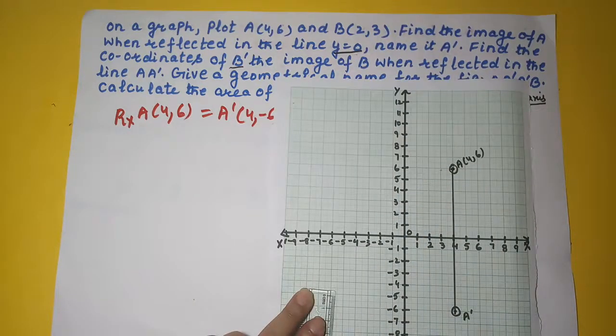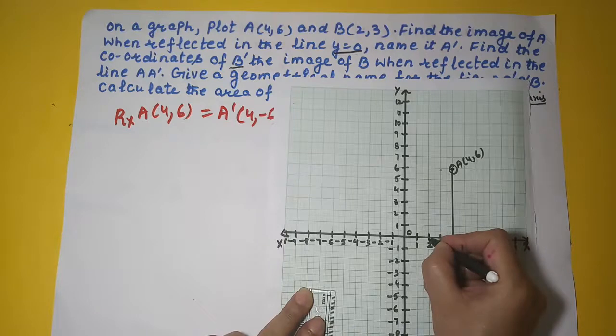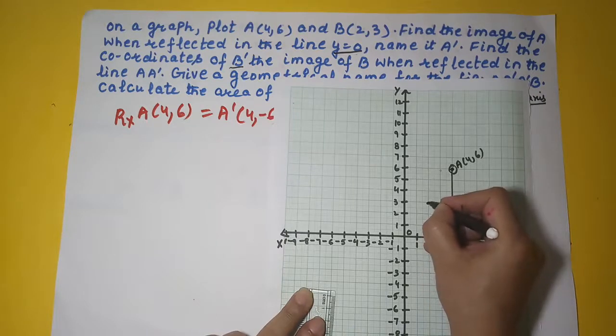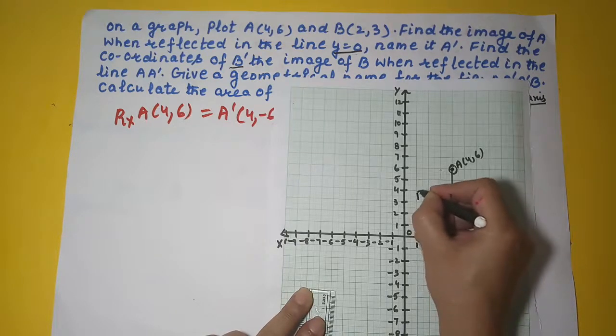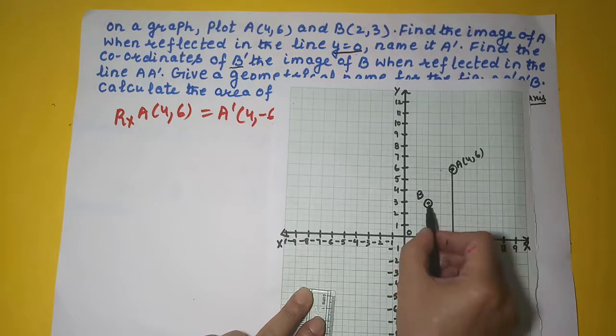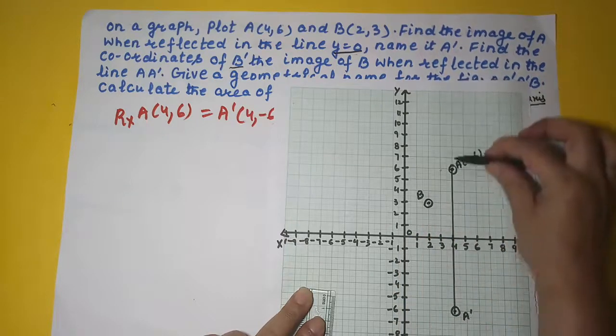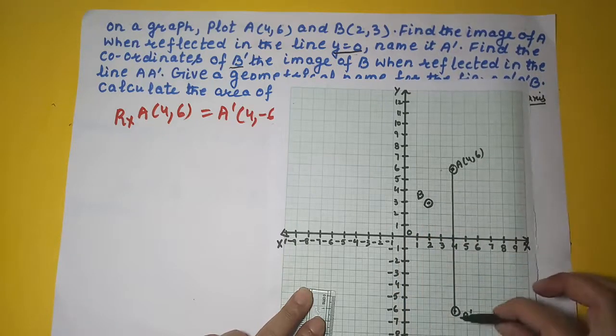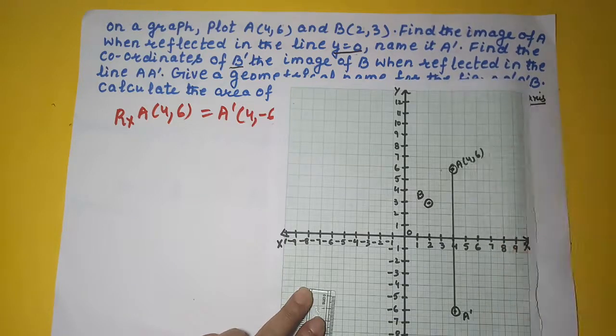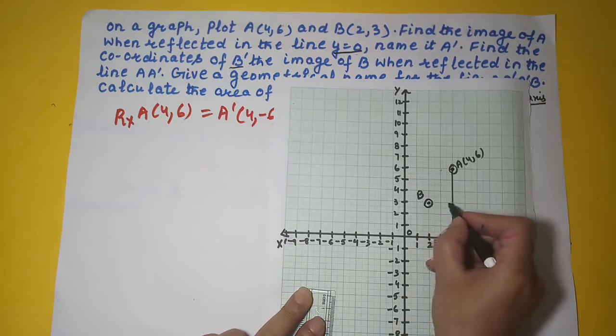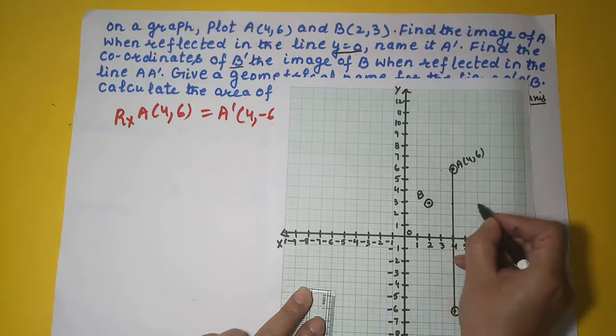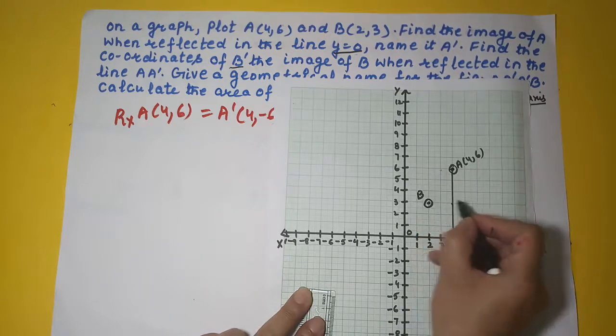B is (2, 3). Here is my point B. And I have to reflect this point B in this line. That means the mirror line this time becomes AA dash.